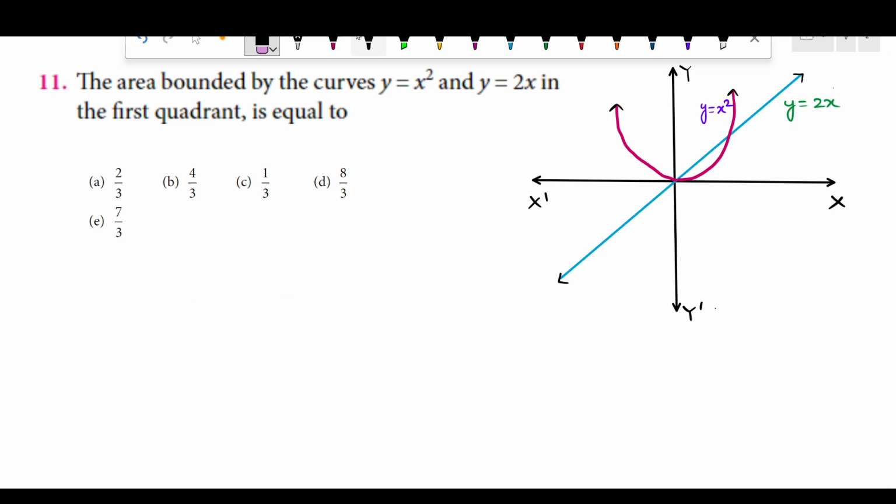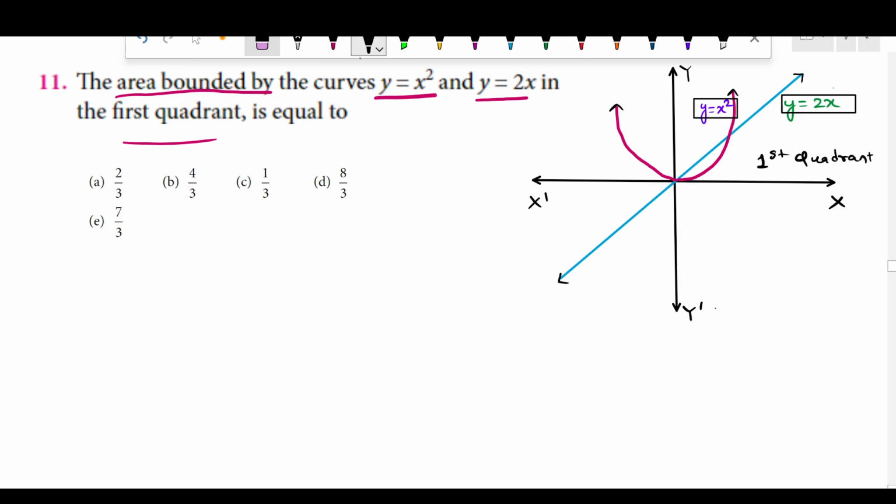Let's read this question now. The area bounded by the curves y equals x square and y equals 2x in the first quadrant, right? So you know this is the first quadrant, right? So this blue line represents the equation y equals 2x and this red line describes y equals x square here, right?